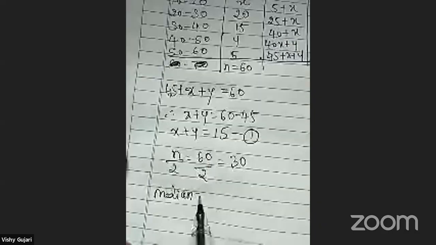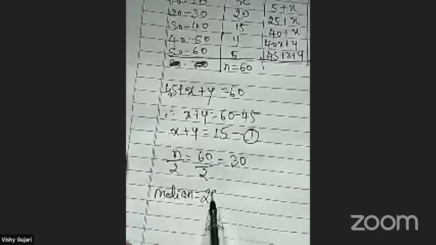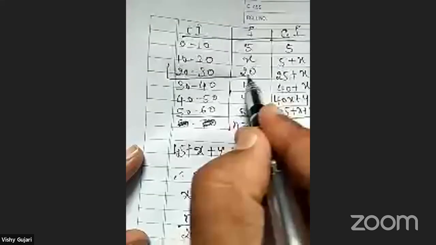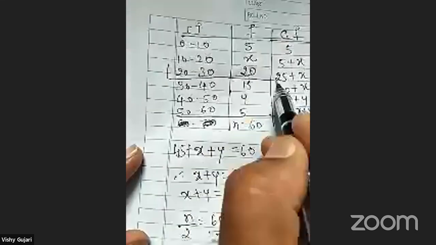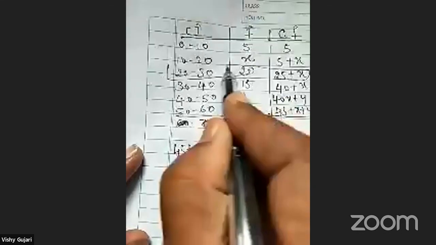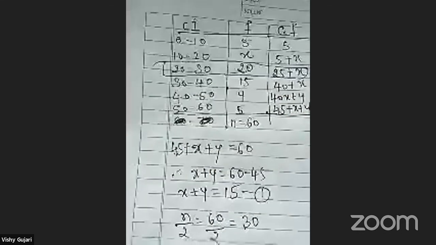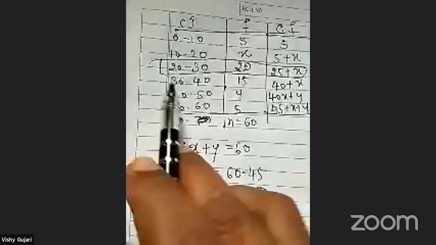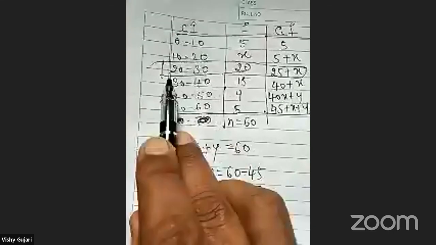Okay. Median 28.5, right? That means where 28.5 lies, it lies here. So 20 to 30 means 28.5 lies in this class interval.